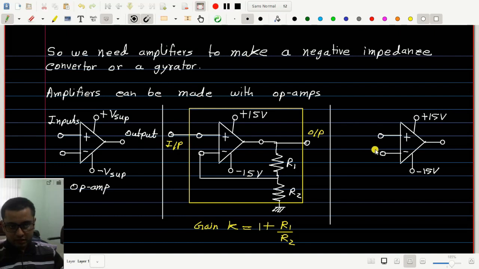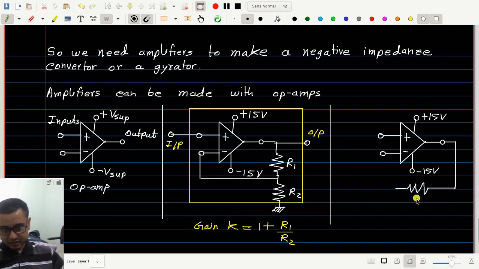Then we will take our resistance and connect it like this. Call it R1, from the output to the minus input terminal.